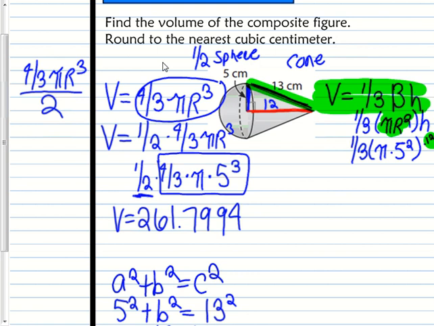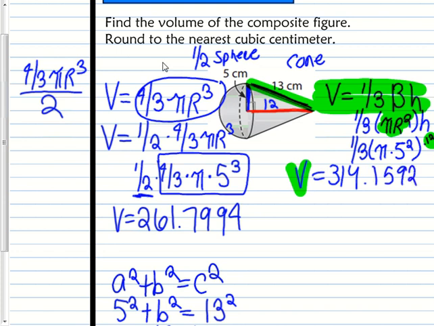That gives me 942.477, and so on. Then I'm going to multiply it by 1/3, which is the same thing as dividing by 3. And when I divide by 3, I get 314.1592, and so on.